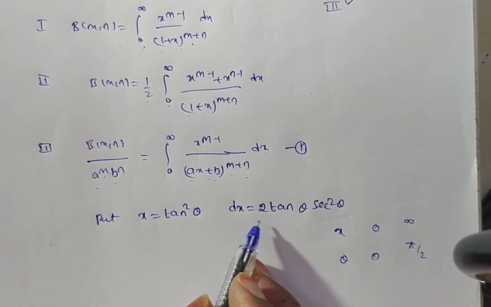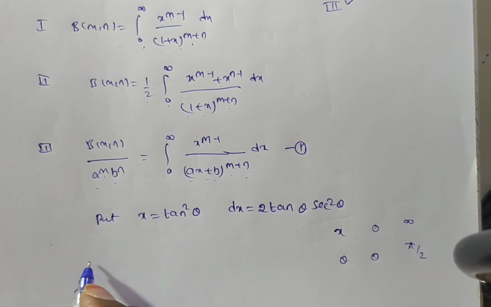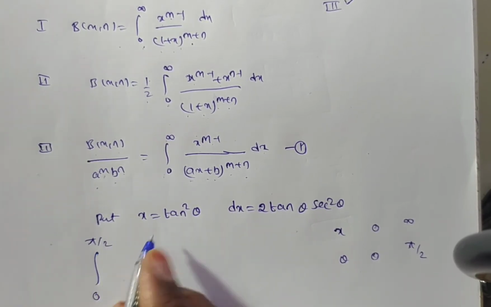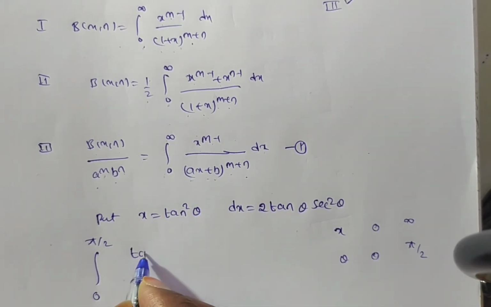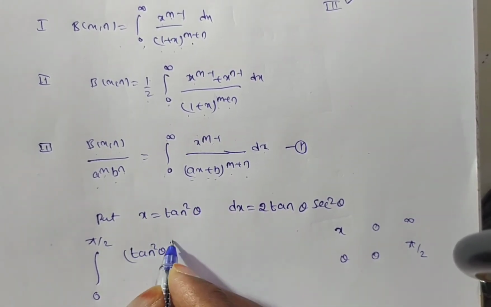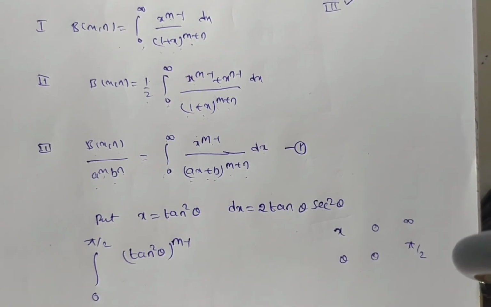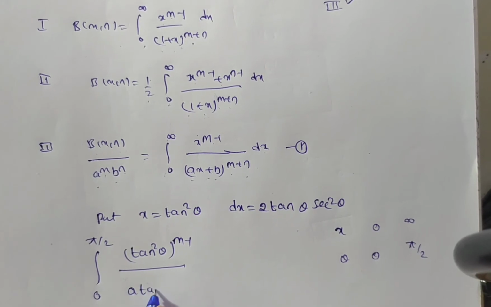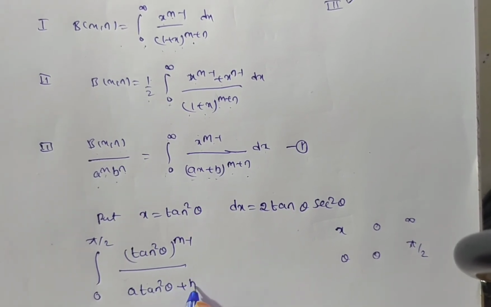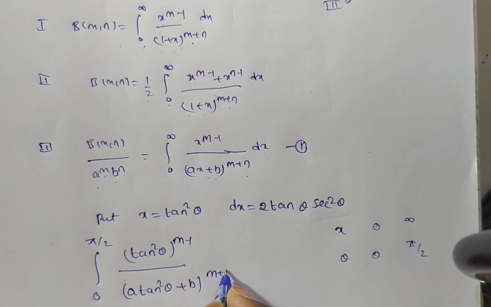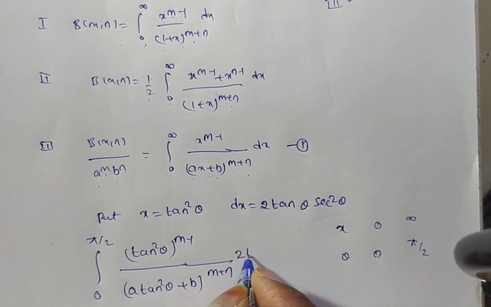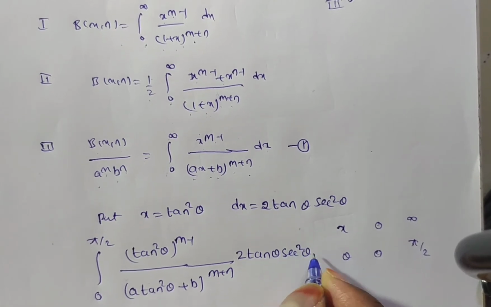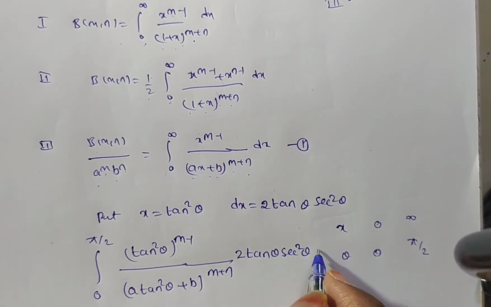Now you substitute all these values in the first equation. Then integral 0 to infinity will become integral 0 to pi by 2. x is what you have? (tan square theta) power m minus 1 divided by (a tan square theta plus b) power m plus n into dx, which is 2 tan theta into secant square theta into d theta.